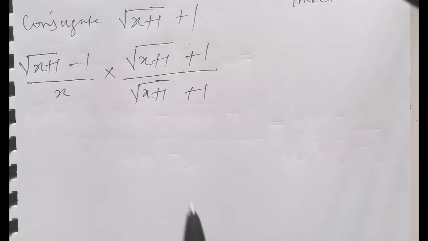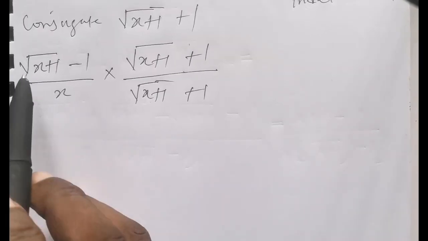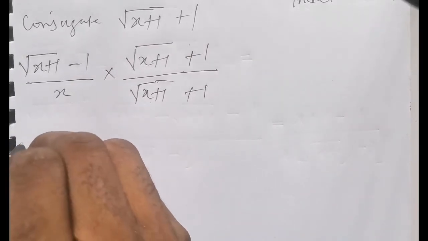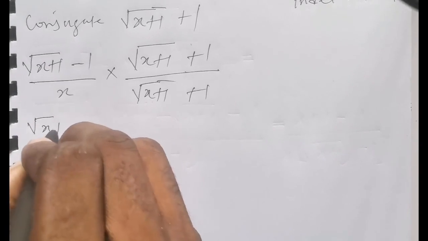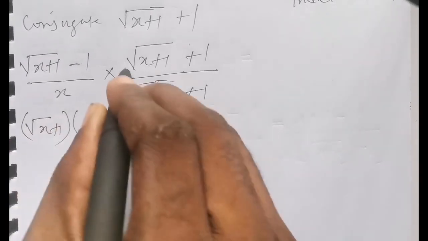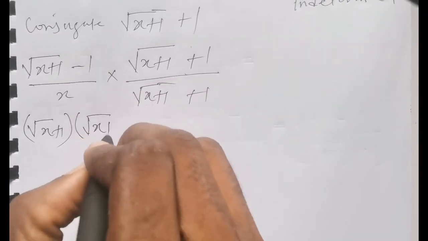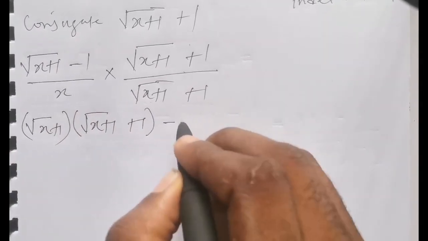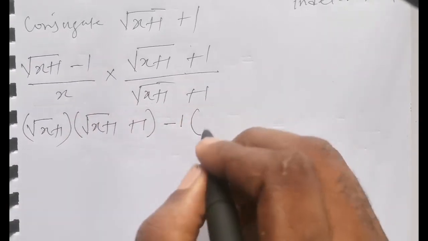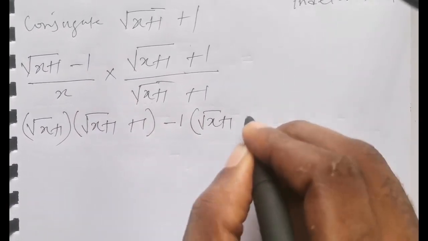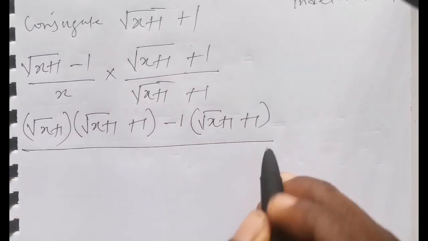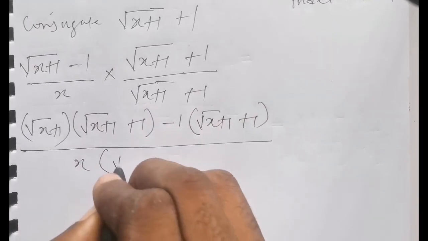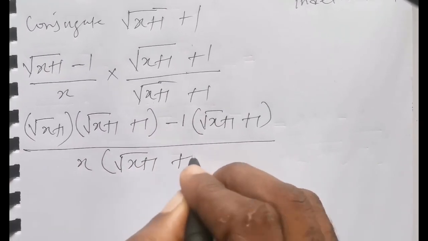Alright, so let's multiply this and see. We use everything here to multiply everything here. So it's root x plus 1 multiplying everything here, which is root x plus 1 plus 1. Again, -1 multiplying everything here, which is root x plus 1 plus 1, all over x multiplying root x plus 1 plus 1.